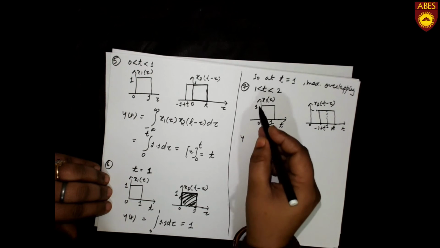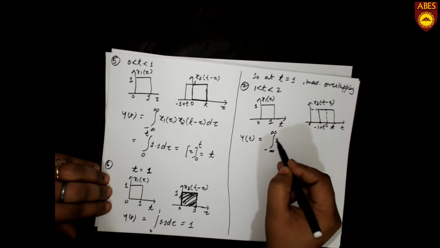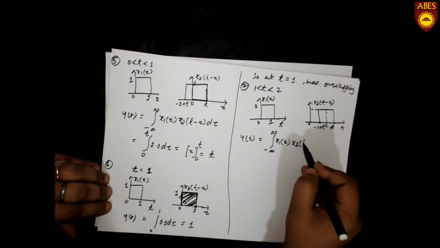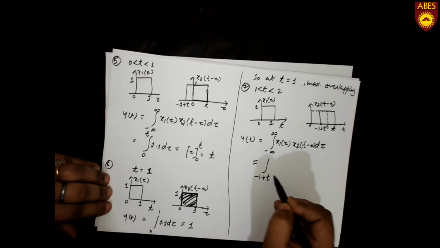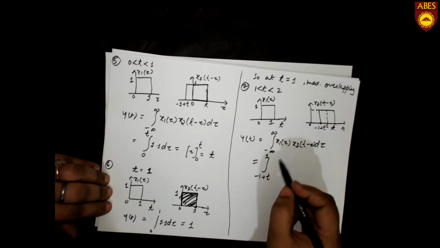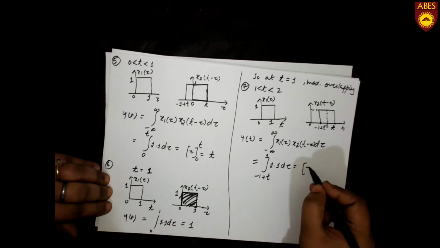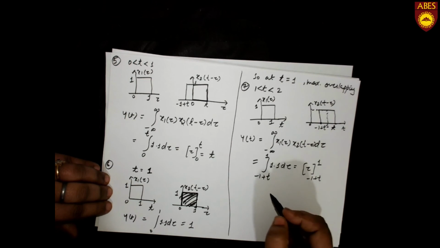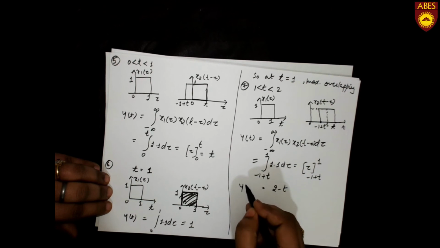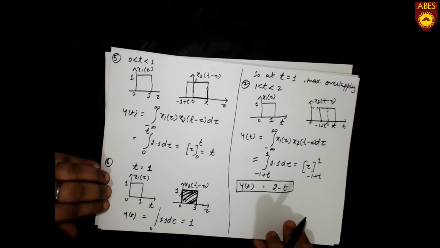So y(t) is the integral of x1(tau) x2(t minus tau) d tau, from minus 1 plus t to 1 of 1 d tau, which equals tau evaluated between the limits. So y(t) would be equal to 2 minus t.